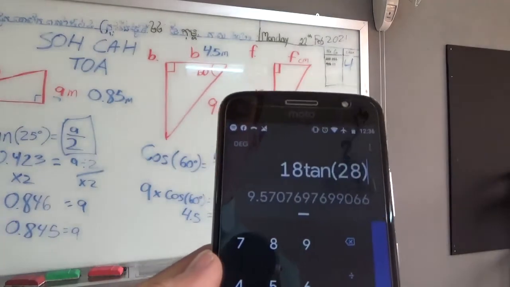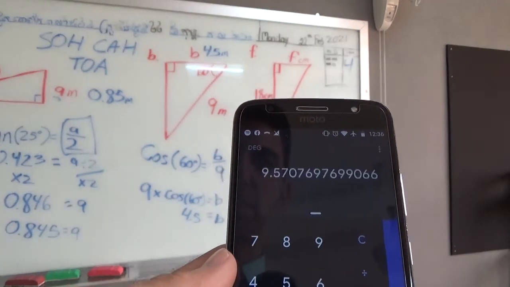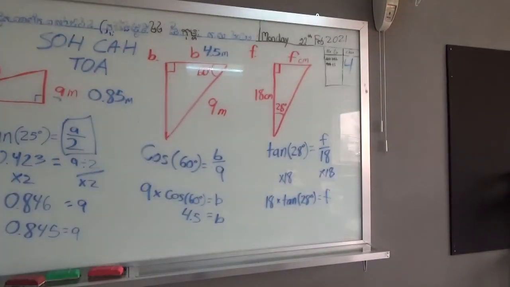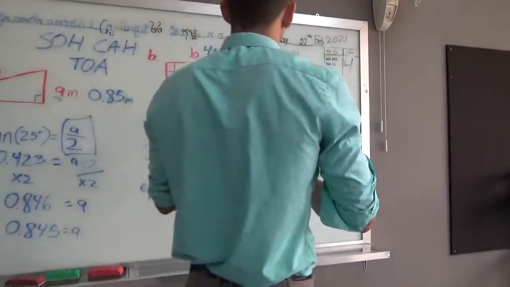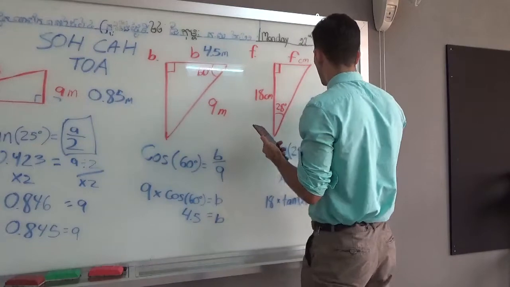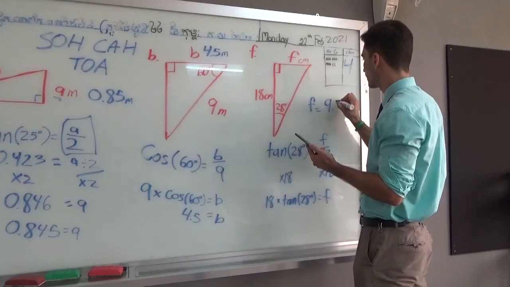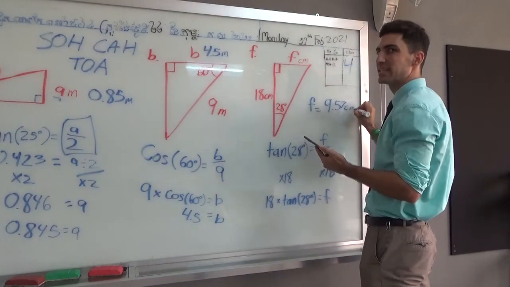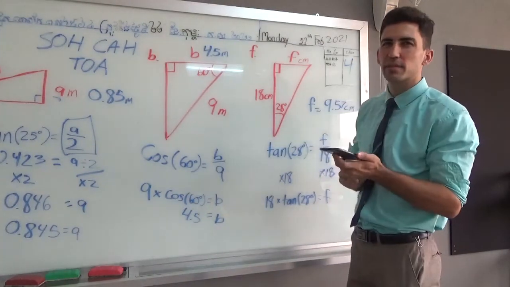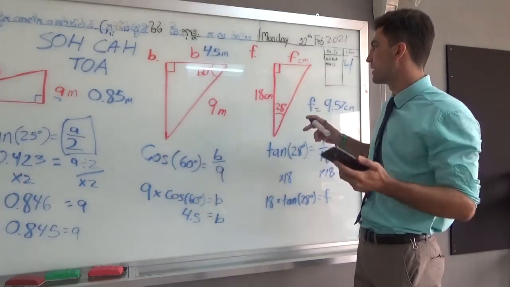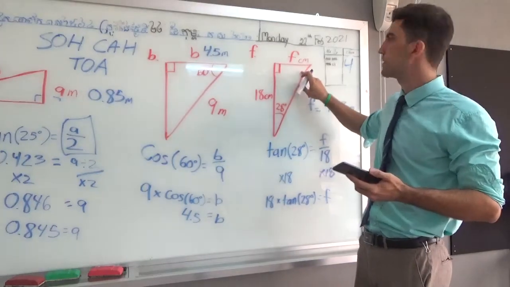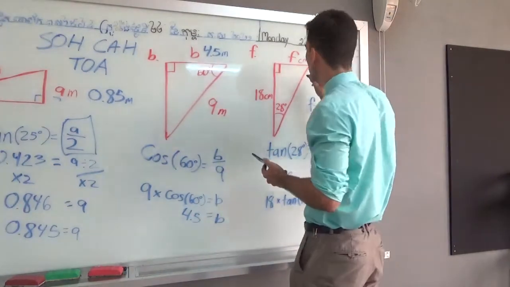Okay, and it tells us that our number is 9.57. I'm going to round that to 2 decimal places. F equals 9.57. This one is in centimeters. Okay. And we know that this is true because if this is 28 degrees, and this is 90 degrees, we know that this other one will be 62 degrees.